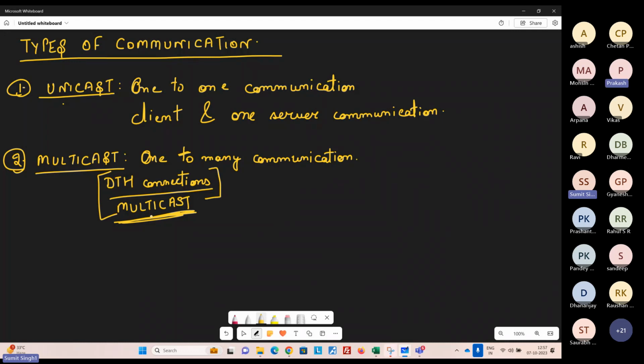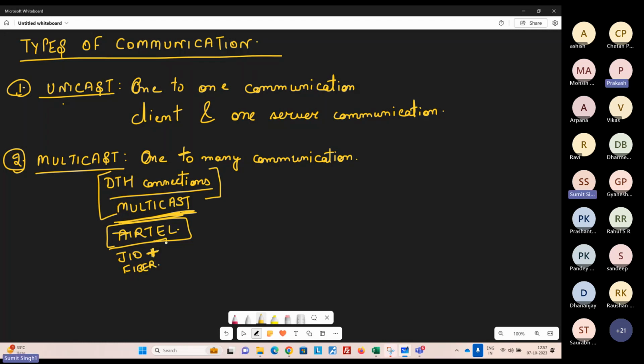Okay, no problems. Further, let's suppose all of us are using the same DTH vendor, let's say Airtel, or let's say you are using Jio Fiber Plus.